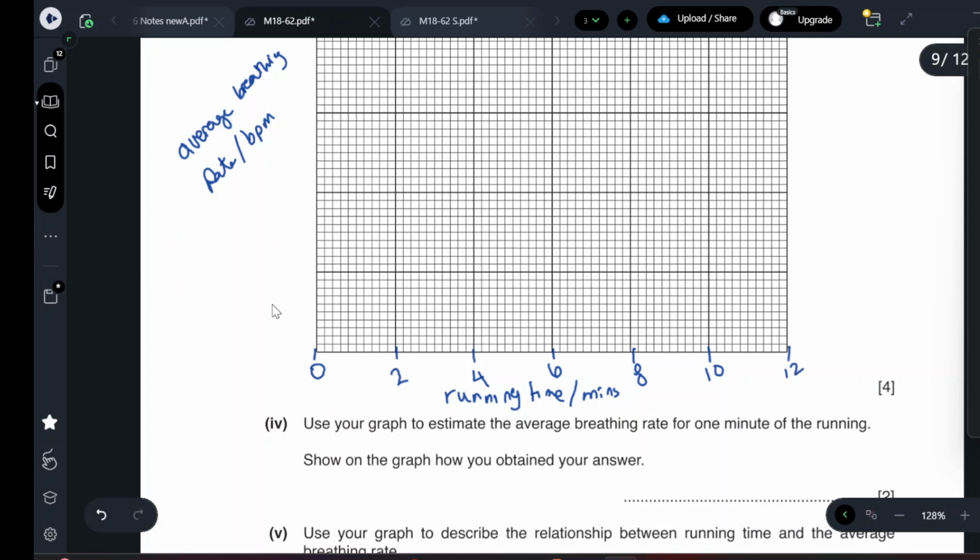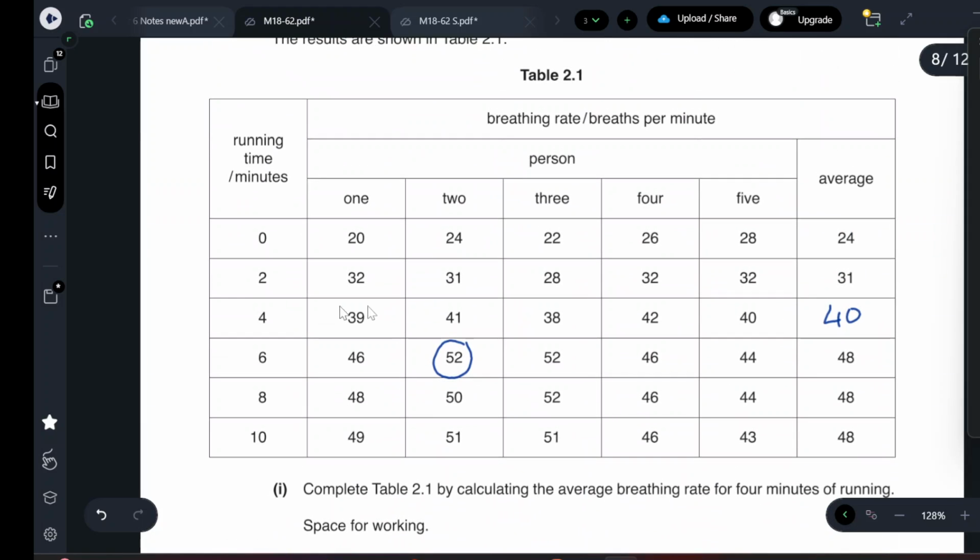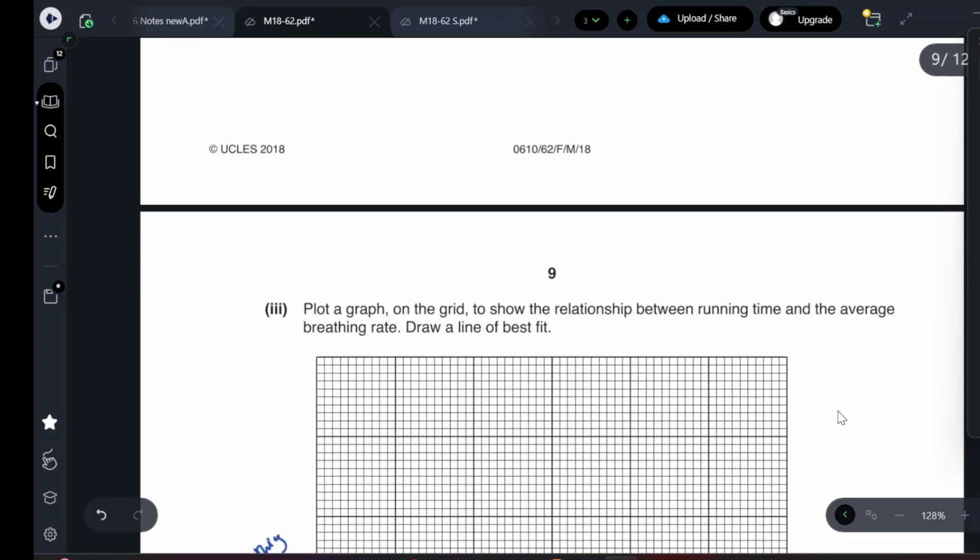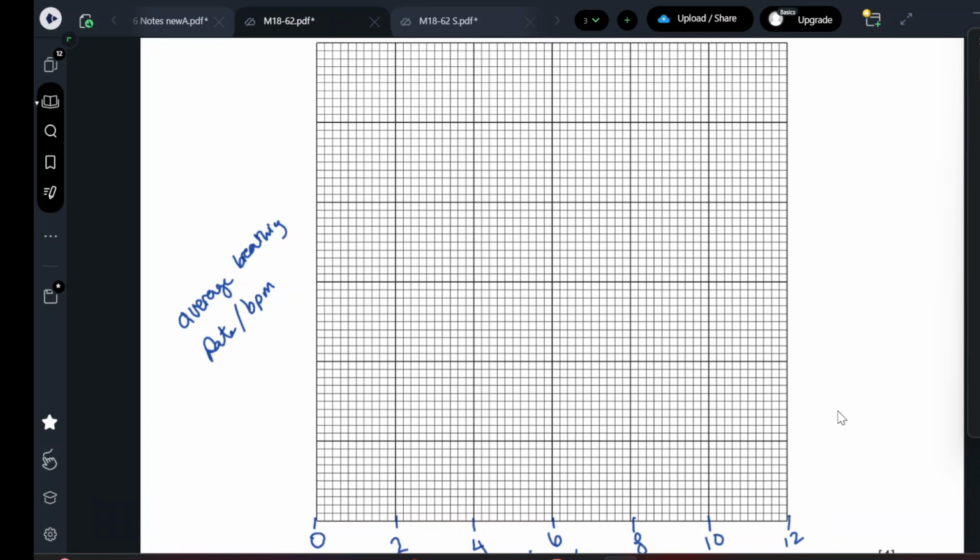On the y-axis, the smallest number is 24, the biggest number is 48. You do not have to start from the 0. You do not need the numbers before 24. You only need between 24 and 48. So you are going to, for example, write a scale, put 2 dashes to tell him that you're not starting from the 0.